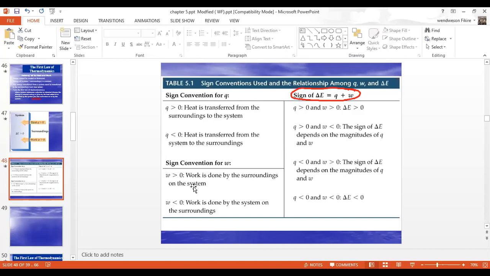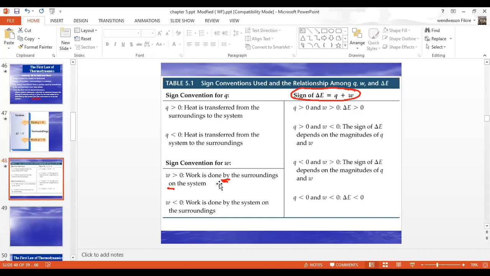Now the sign convention for the work would be greater than 0, or would have a positive value, when work is done by the surroundings. I always see that many of you get confused with the words by and on. Who does work? The surroundings do work on the system. So the surroundings provide work to the system, so the value of work will be greater than 0.